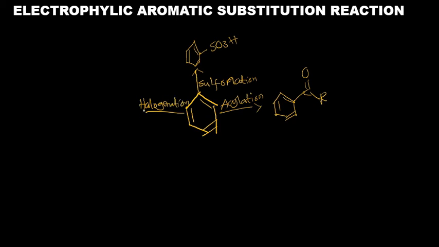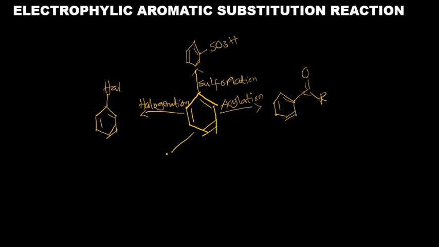So we can have halogenation, and you know what that is? Adding a halogen to the benzene ring or the aromatic compound. So this, once again, we have our benzene here, and then we have a halogen attached to it, and then we can also have nitration.